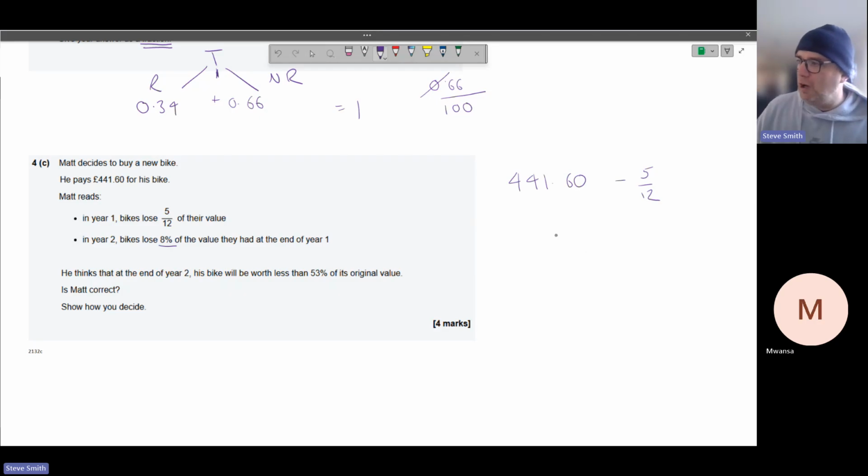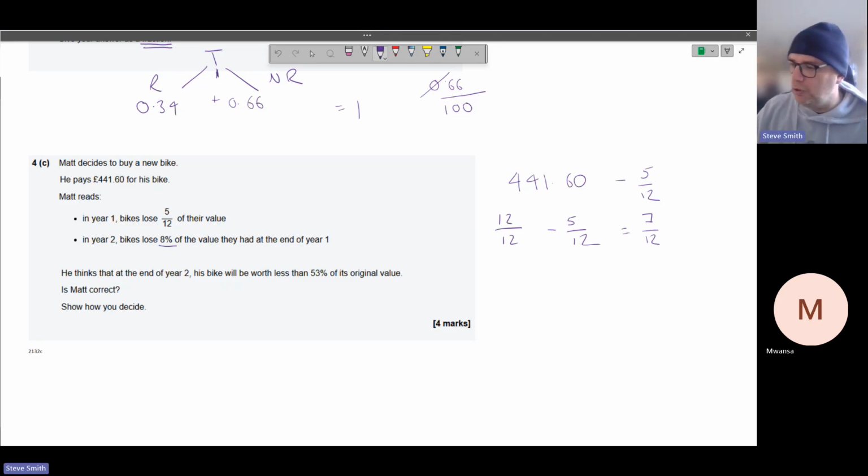If we're taking off 5/12, and I'm kind of thinking out loud here, if I go 12/12 minus 5/12, I'm left with 7/12. So if it's losing 5/12 of its value, it's retaining 7/12 of its value.